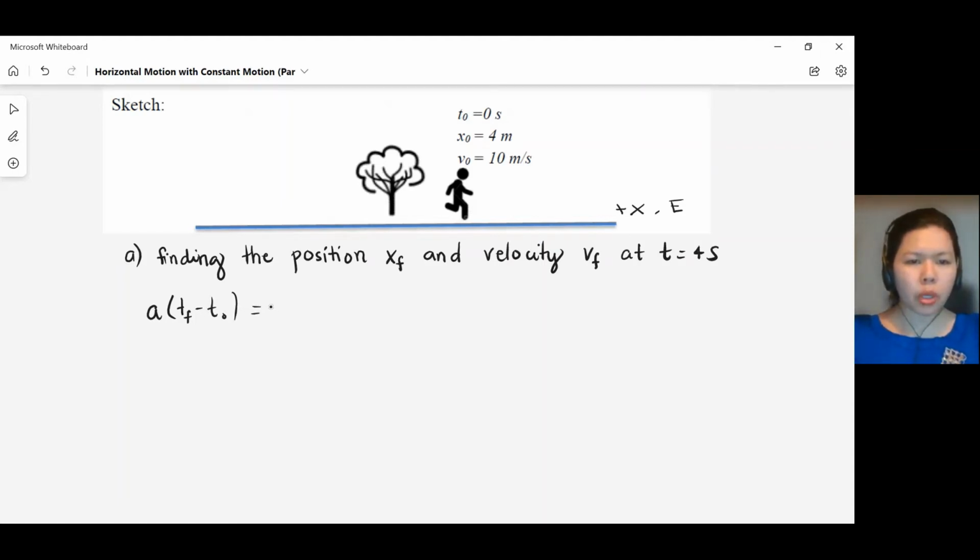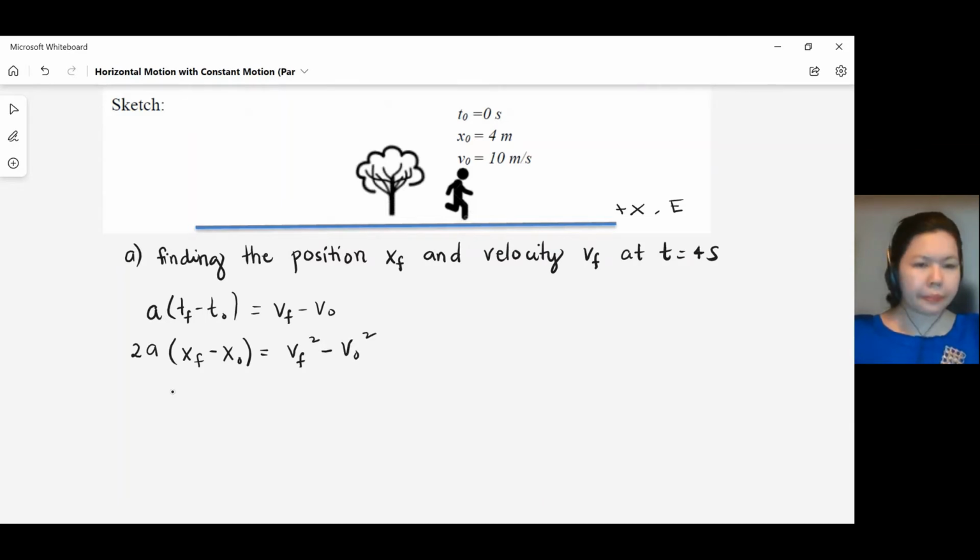For 1.1, we have A(Tf minus T naught) equals Vf minus V naught. Again, please do not be afraid which equation to use. As long as you have correctly transposed and substituted the correct given, then you will arrive at the same answer. This is the 1.2 equation I'm writing now.